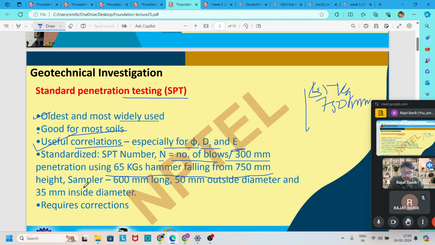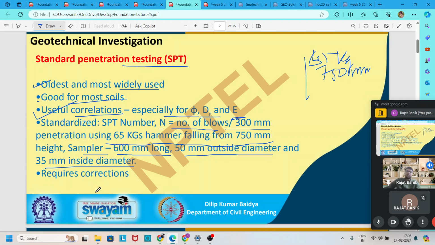Then the sampler is 600 mm long, the outside diameter is 50 mm, and the inside diameter is 35 mm. It also requires some correction because we do this SPT test manually.